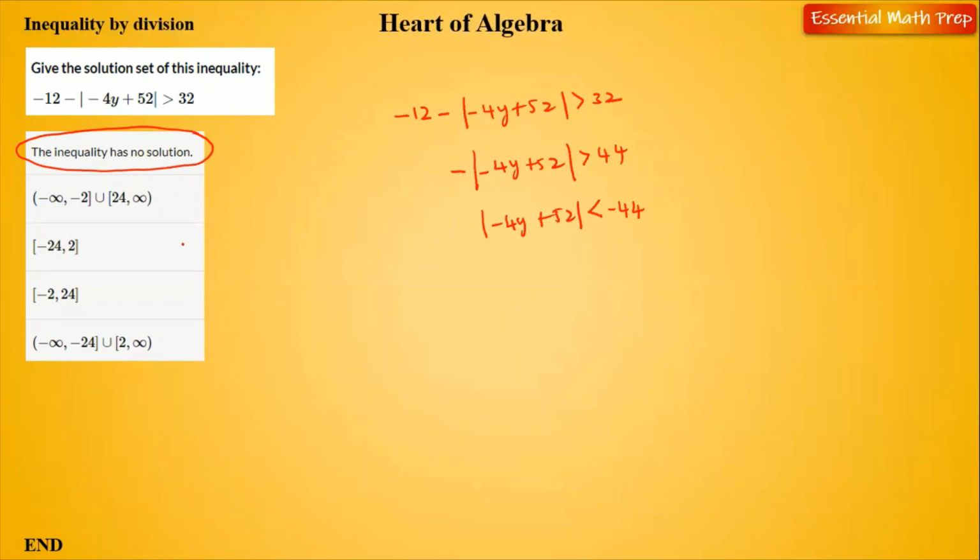Okay, here's the thing. The reason I said the inequality has no solution here is because this is an absolute value. An absolute value, whether it's negative a or a, is always going to be greater than or equal to 0. The fact that it's saying that it's less than negative 44 tells you this inequality has no solution.